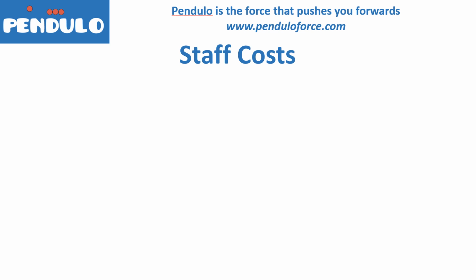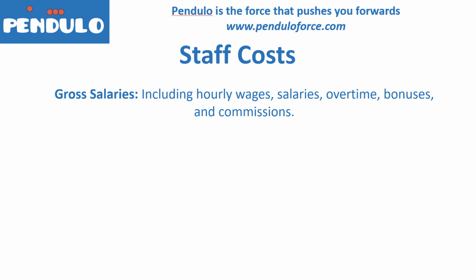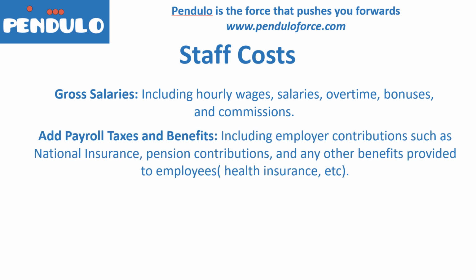So what are the staff costs and what is included here? To start with, the gross salaries, that includes the hourly wages, the salaries, overtime, bonuses, commissions. Then we need to add payroll taxes and benefits, including employer contributions such as national insurance, pension, and any other benefits like health insurance.